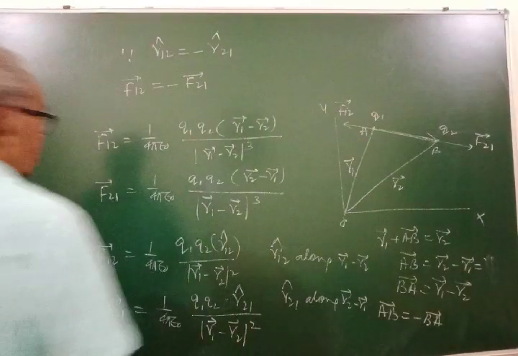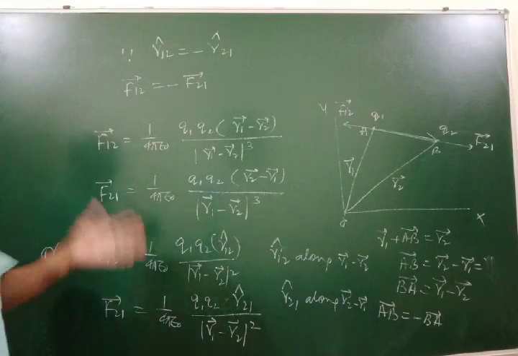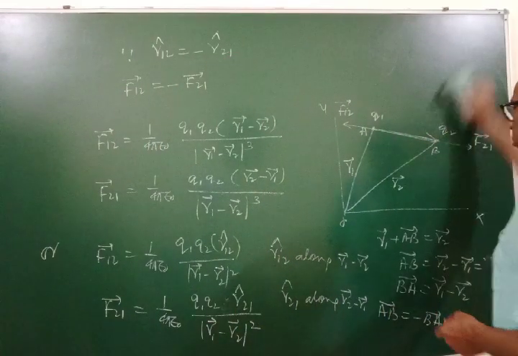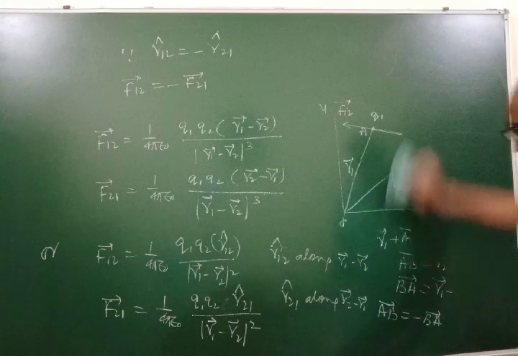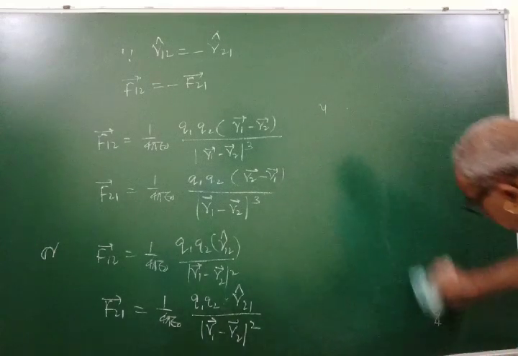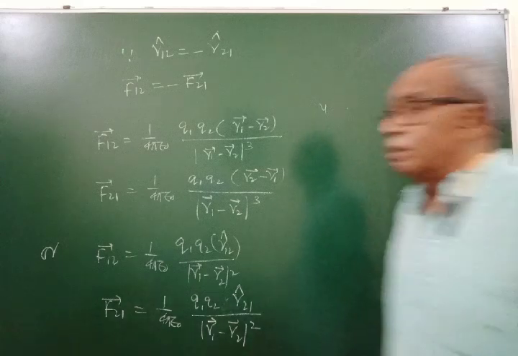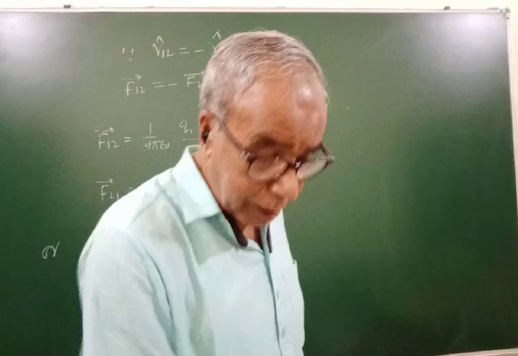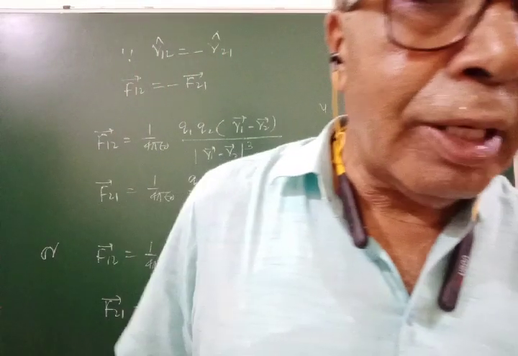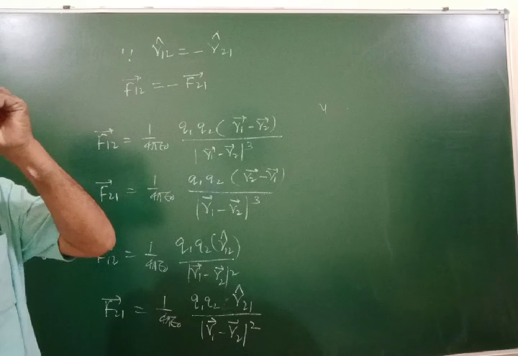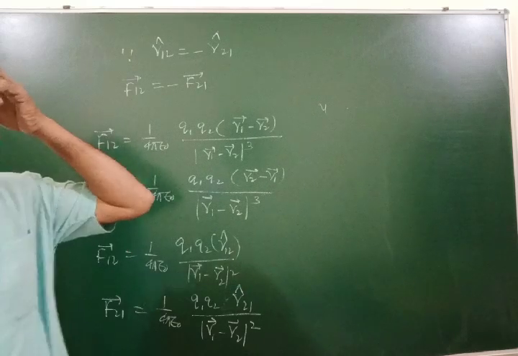So this was about vector form. Actually, many times in board exam, vector form of Coulomb's law has been asked. And because force is a vector quantity, I am requesting you all, before studying class 12 syllabus, please revise the chapter of vector from class 11. Especially try to understand scalar product, vector product.